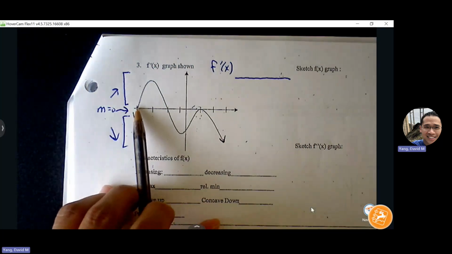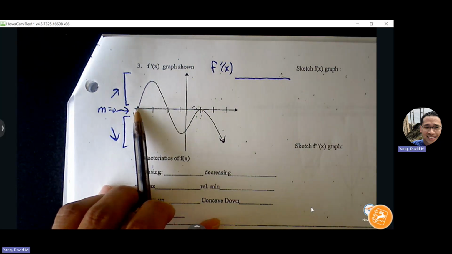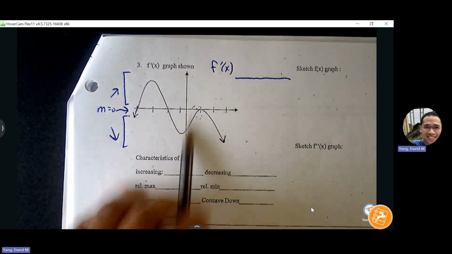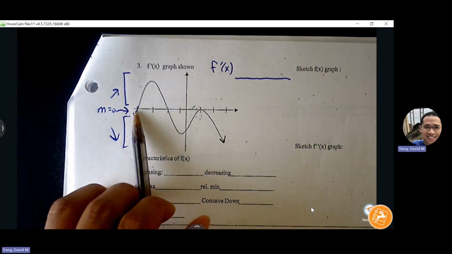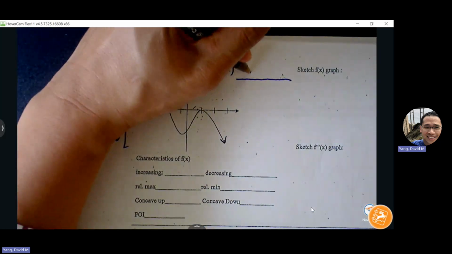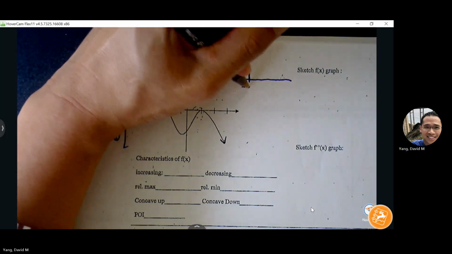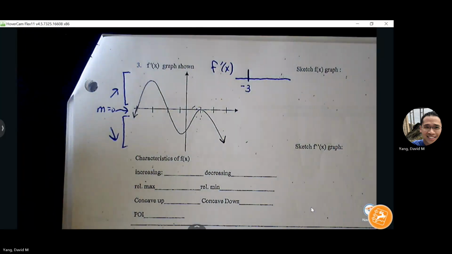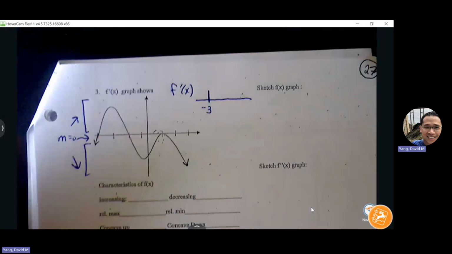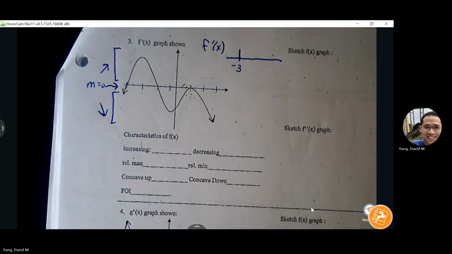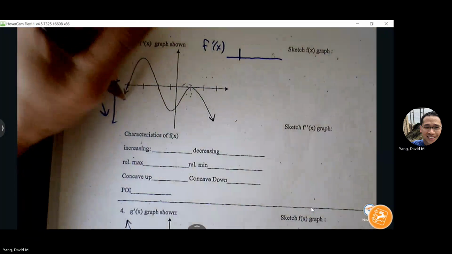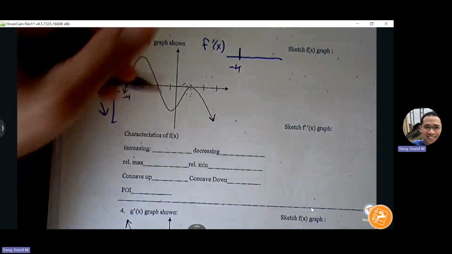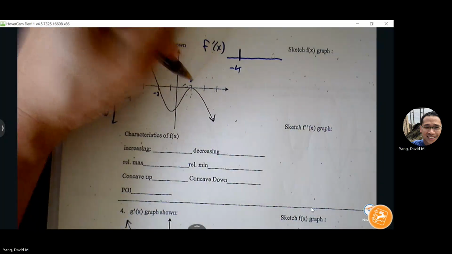Because what is the y value at this point? 0. And remember, the y value now represents the slope value. So when the slope is 0, it's going to land on the x-axis. Oh, sorry, -4. My bad. Sorry, guys, that's why you're confused. Okay, so -4. Where else? -2. And 1. Sorry.